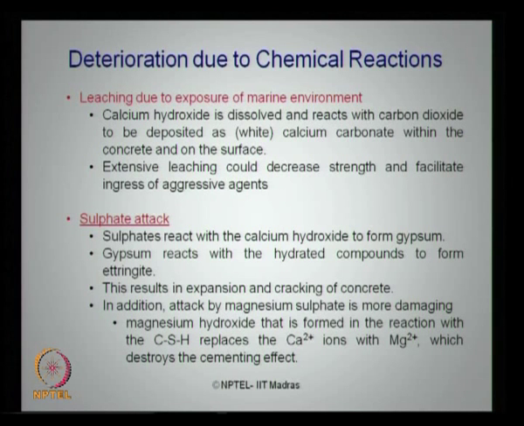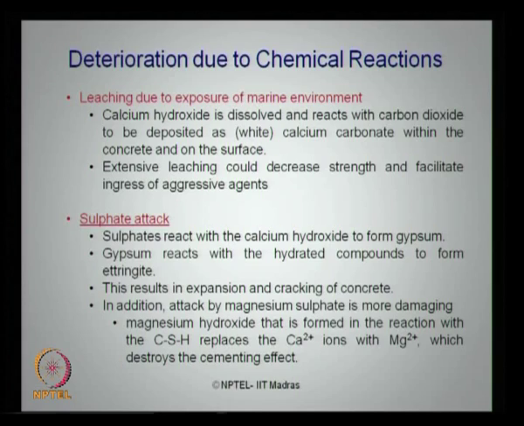If you look at sulphate attack as one of the chemical reactions which deteriorates the strength of concrete, sulphates react with calcium hydroxide to form a compound called gypsum. Gypsum in turn reacts with hydrated compounds to form ettringite. This results in expansion of concrete to manifold volume, which ultimately results in cracking of concrete.